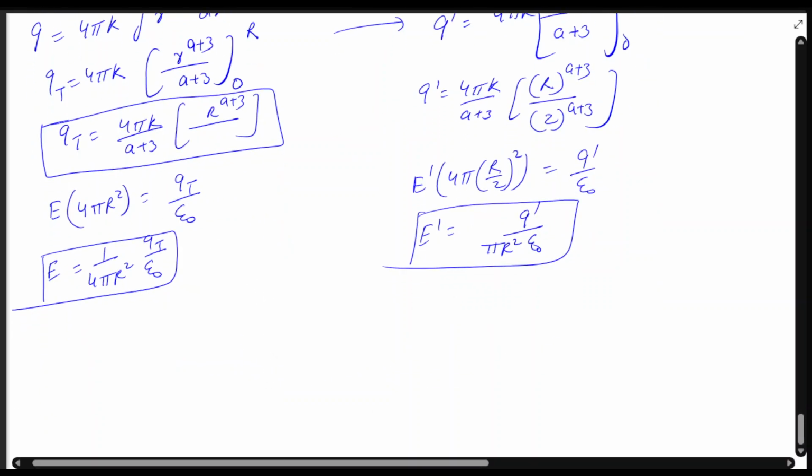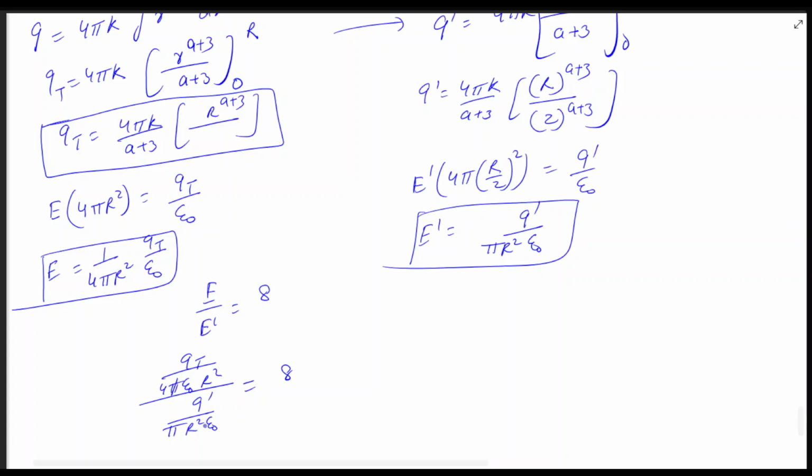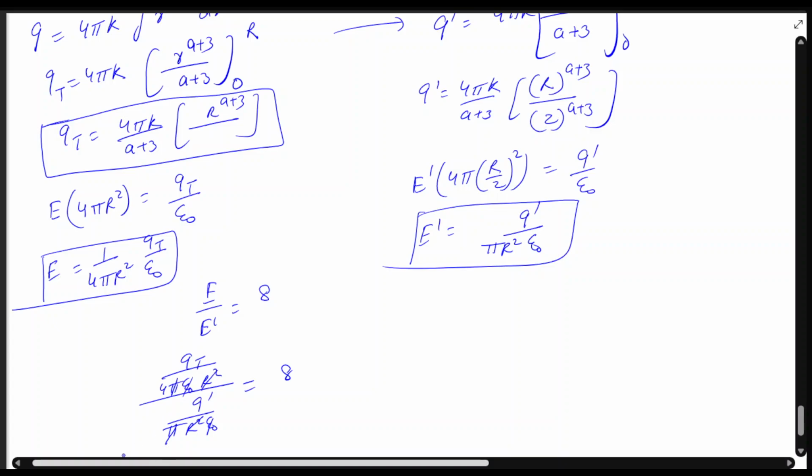And we have given in the question E by E dash is 8. So just put those values: Qt upon 4π epsilon naught R² upon Q dash upon πR² epsilon naught will be 8. So πε₀R² will get cancelled.